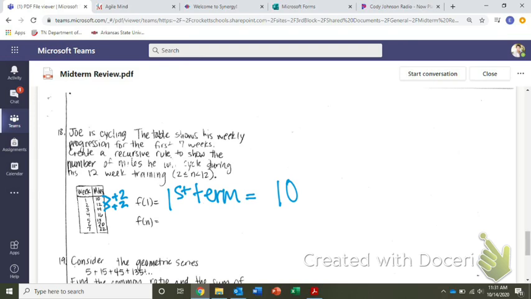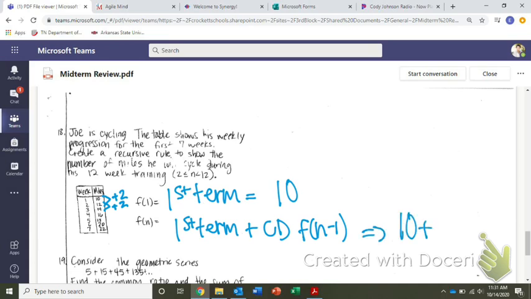So when you write your formula for this recursive rule, it's your first term plus your common difference and your n minus 1. First term is 10, common difference is 2. And our recursive rule. Okay?